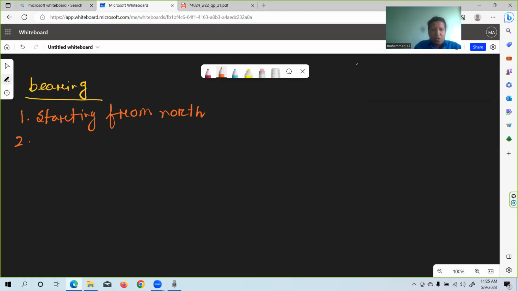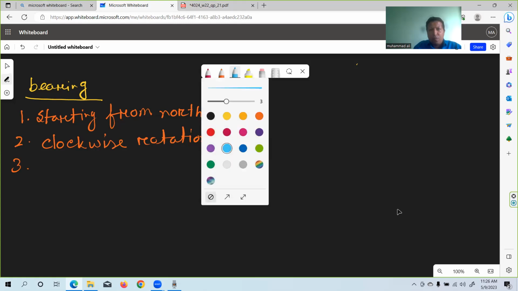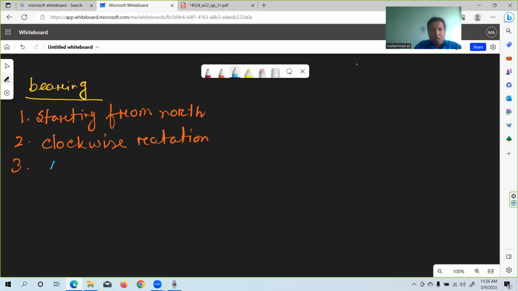Second is clockwise rotation. Number three, the angle we will draw where from is written.